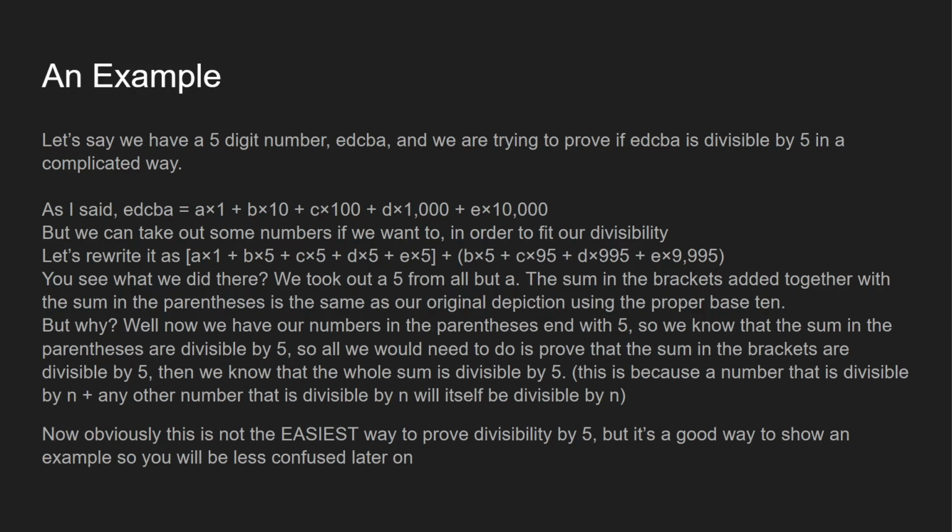So 5 plus 25, for example. 25 is divisible by 5, so that means that 5 plus 25 is divisible by 5. So just so you understand, right? Now again, this is obviously a complicated way of doing it, but the purpose is to show you, so you'll be less confused later on.